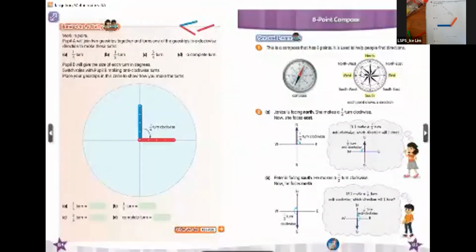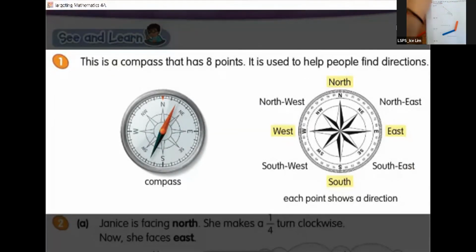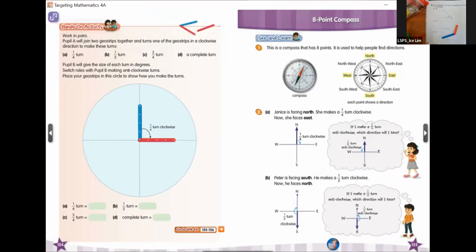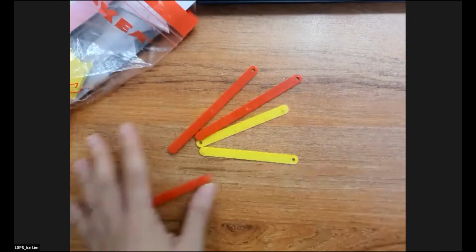So you see the Geostrips here. This is the first toy that I will be giving you. The next toy that I gave you, I made myself, cutting them piece by piece.